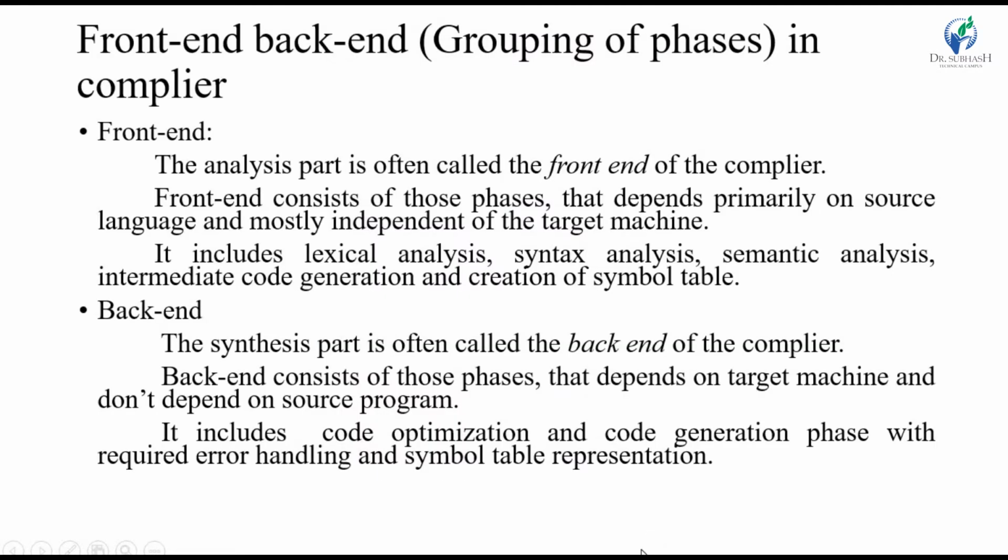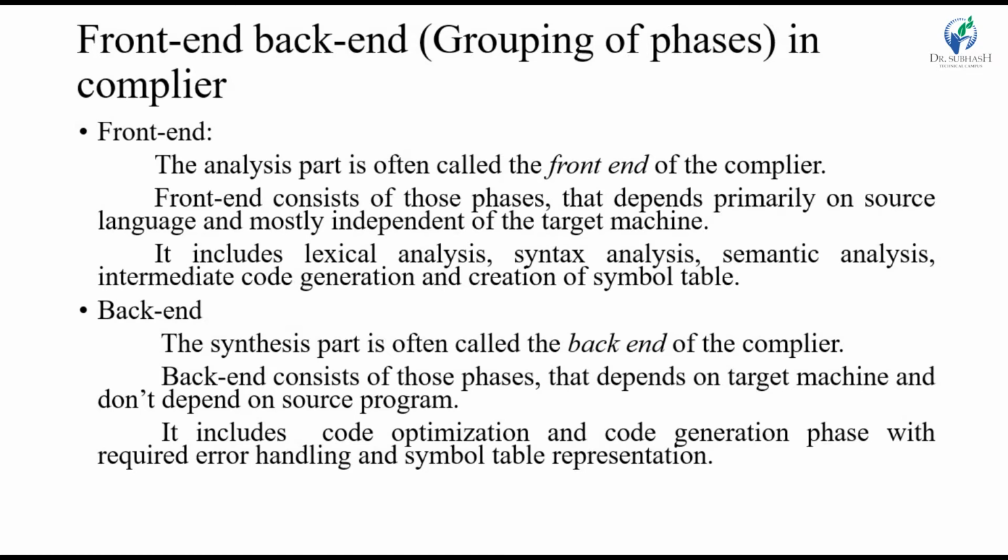Next is the front end and back end of the compiler. We already discussed the analysis and synthesis phases. The analysis part is also known as the front end of the compiler. The front end consists of those phases that depend primarily on the source language and are mostly independent of the target machine. It includes lexical analysis, syntax analysis, semantic analysis, intermediate code generation, and creation of the symbol table.